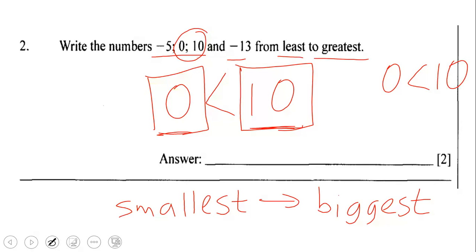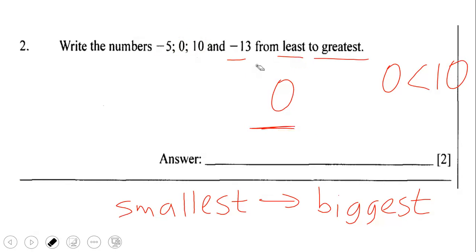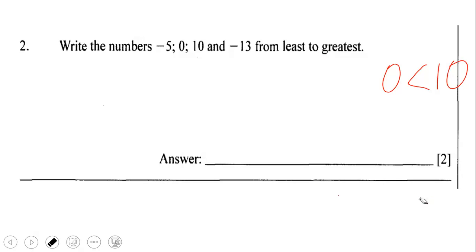Let's look at 0 and -5. You already know that 0 is less than 10, but which one is bigger, 0 or -5?